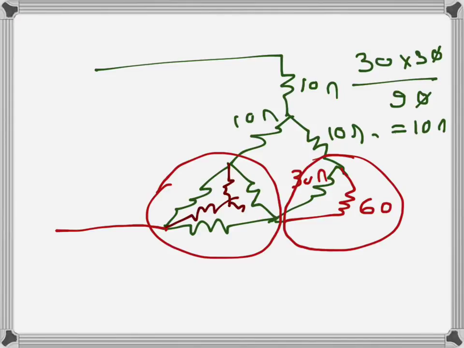That one and that one, these three will be the equivalent Y connections. That way it becomes more obvious. They were all 30 ohms, so when converted into Y like before, each of them will be 10 ohms. So now we have this kind of connection.